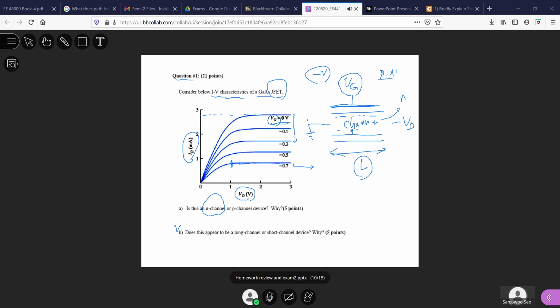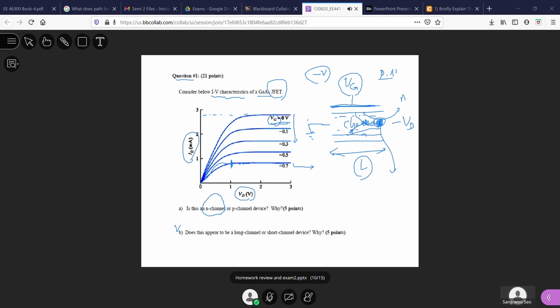As we discussed, when the device reaches saturation, on the drain side you're going to start to have the pinch-off. And then when the drain voltage is further increased, the pinch-off point moves toward the source side.